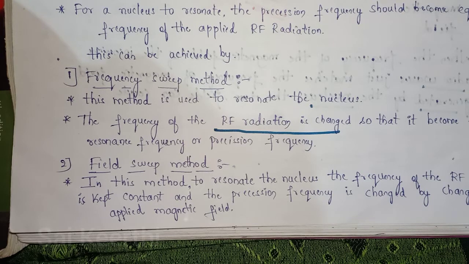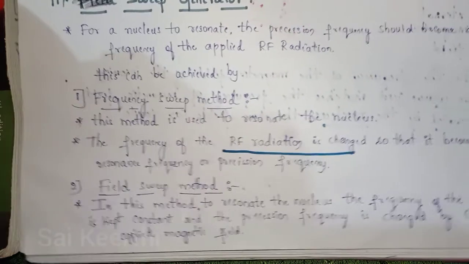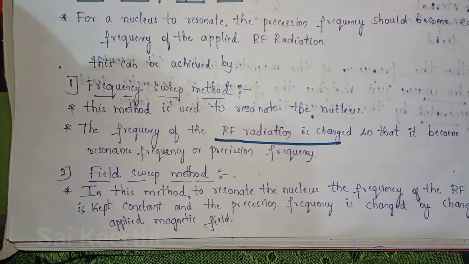When the frequency of the precessing nucleus becomes equal to the RF frequency, then the nucleus will come into resonance. Remember that in the frequency sweep method, the RF radiation is changed, while in the field sweep method, the applied magnetic field is changed while the RF radiation is kept constant.